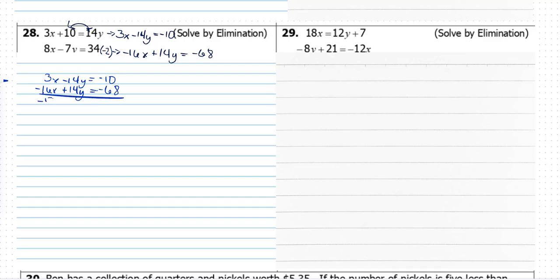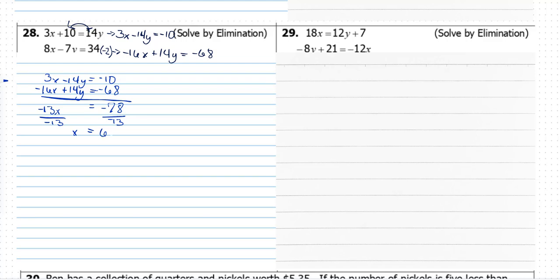So we have negative 13x is equal to negative 78. We're going to divide both sides by negative 13, and so x is equal to a positive 6.